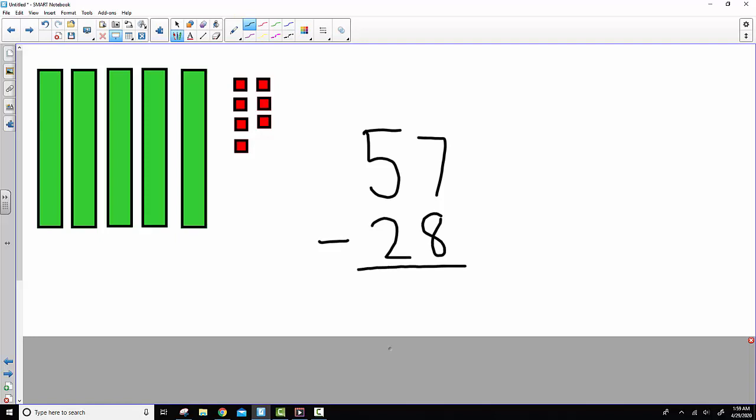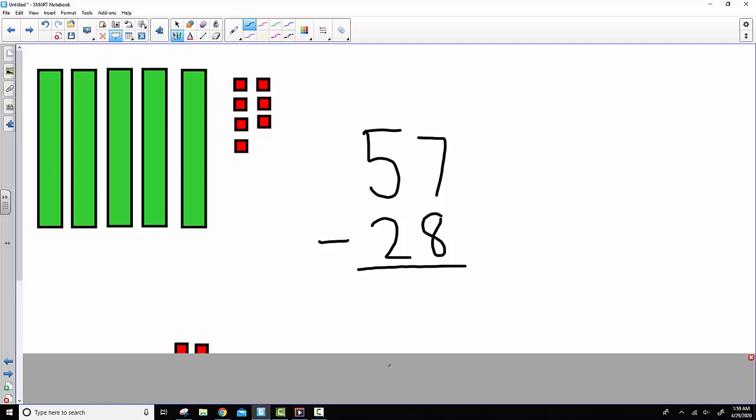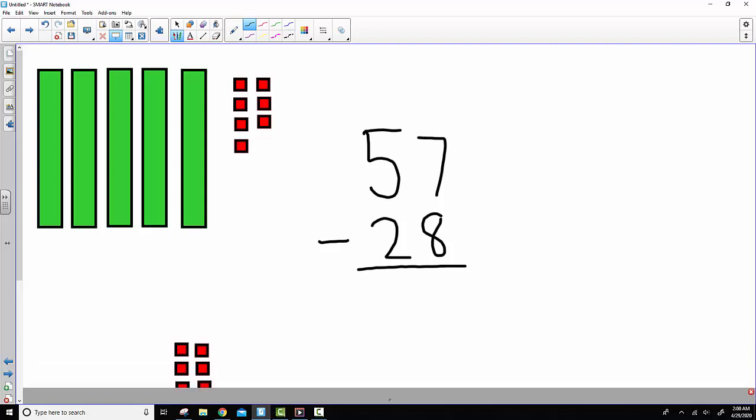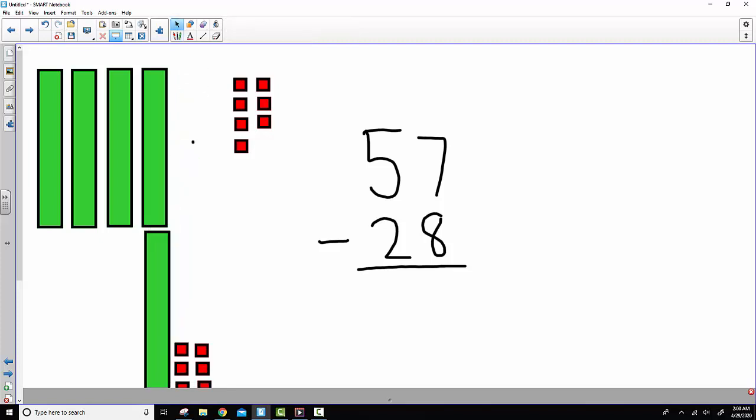We keep all of our columns straight. So you can see the ones column is very clear and the tens column is very clear. Starting in the ones column, 7 cannot subtract 8. So we must regroup our number. We again exchange one of the tens for 10 ones.